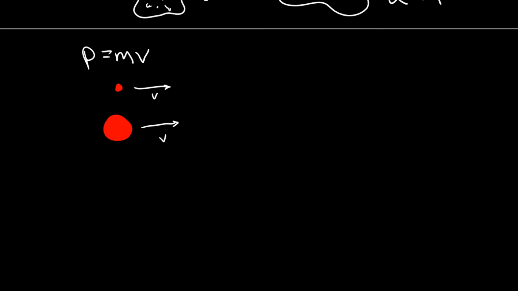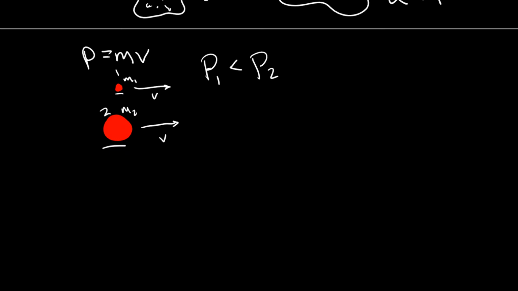I'll call this 1 and 2. This one will have mass m2, this one m1. Then the p value corresponding to object 1 is going to be less than the p value of object 2.